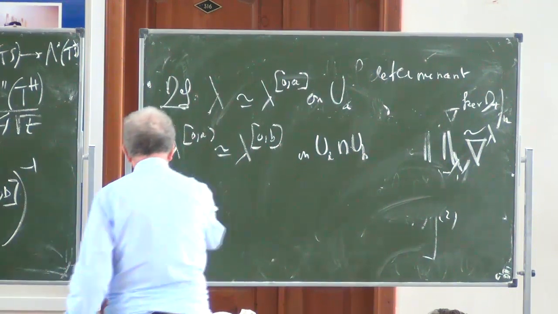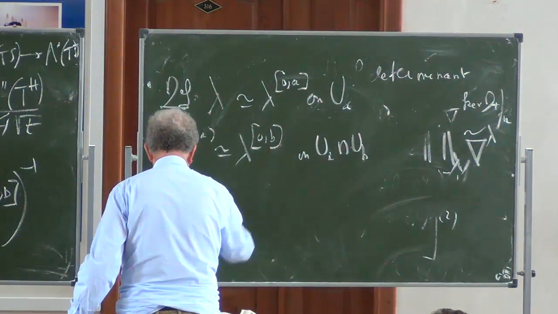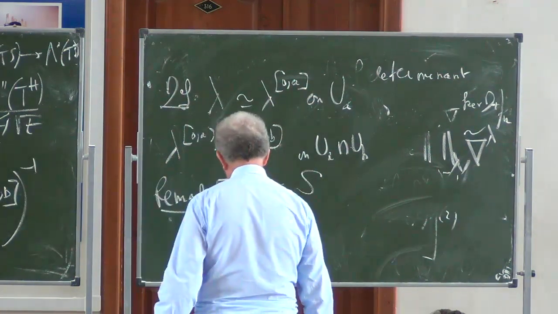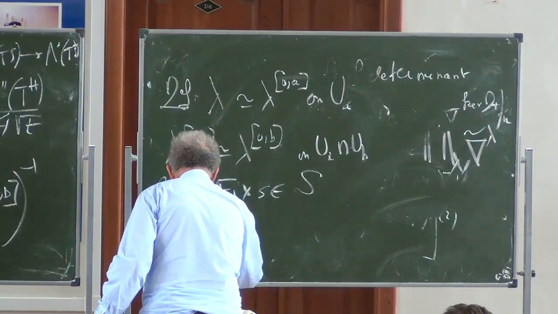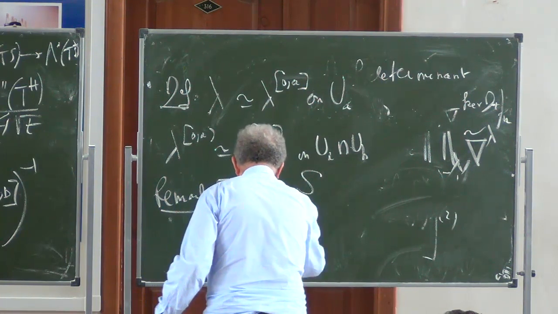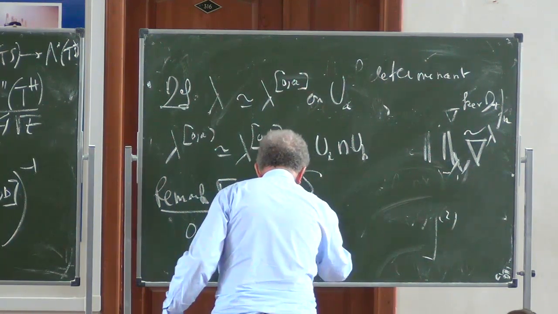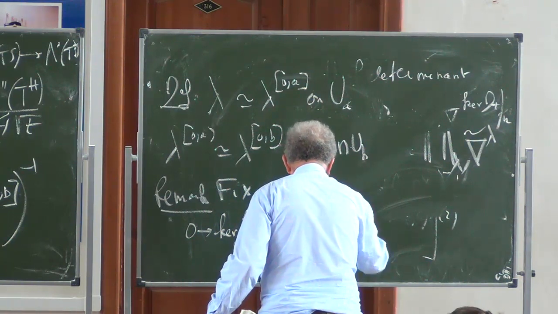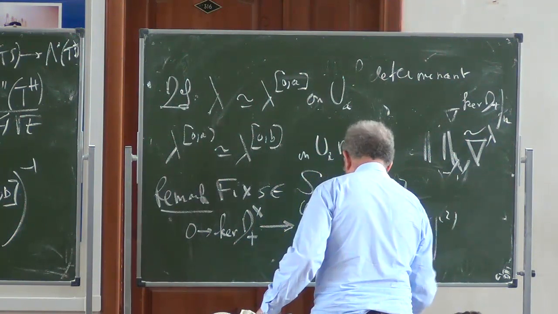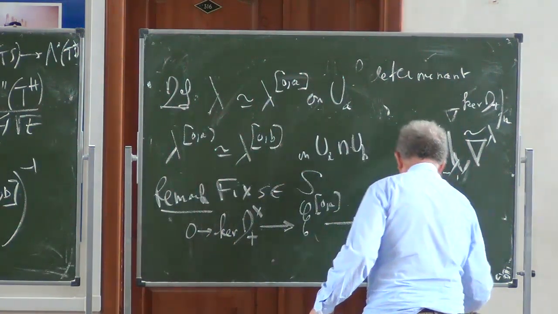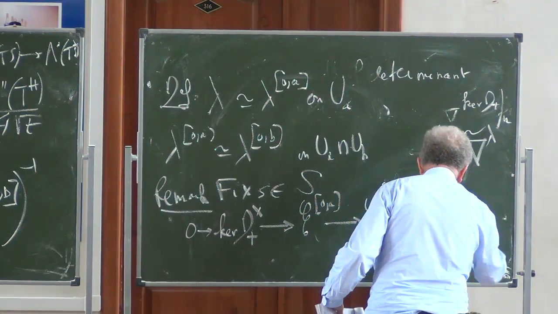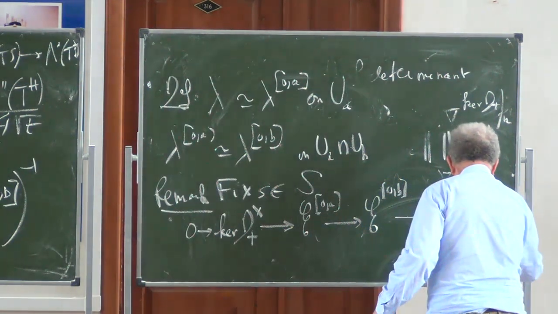And now, remark, let me fix S in S. So we have the exact sequence: 0, kernel of dx plus, gives E0a, gives E0b, and here gives co-kernel of dx plus or co-kernel of dx minus, gives 0.